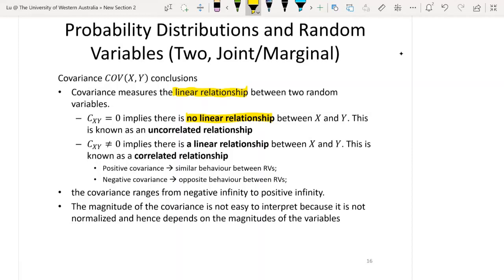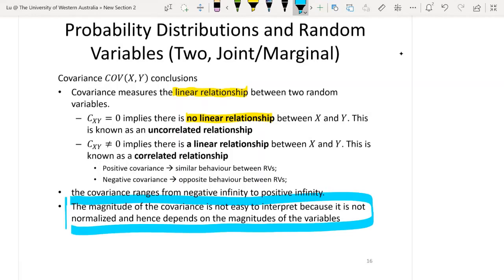The covariance value ranges from negative infinity to positive infinity. And the magnitude of the covariance is not easy to interpret because it's not normalized, and as a result, depends on the magnitudes of the variables. Regarding the very last conclusion here, we want to use one or two more slides to give you more explanations.